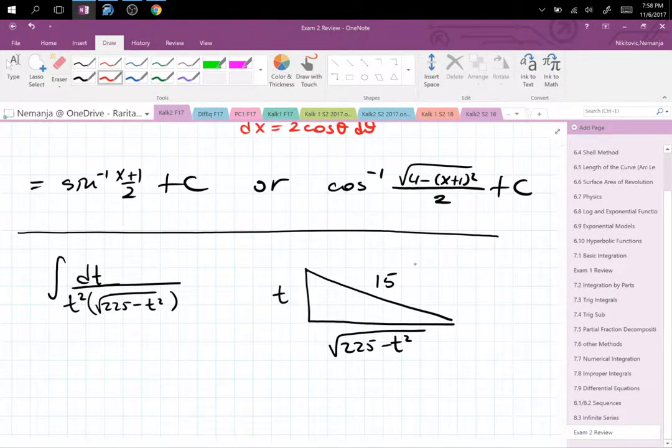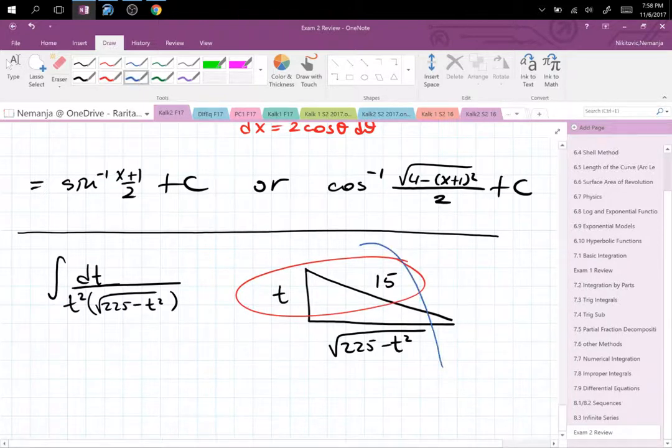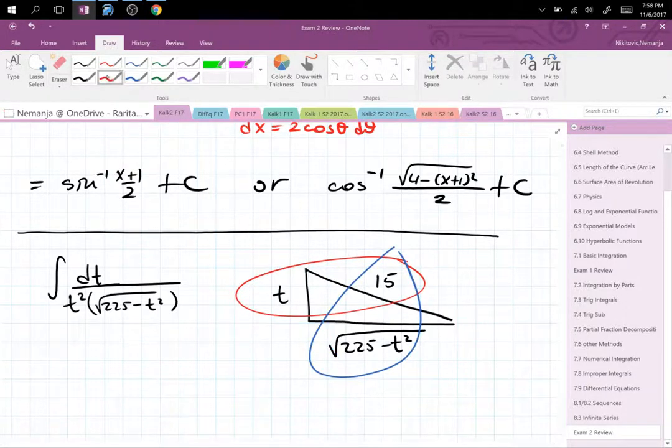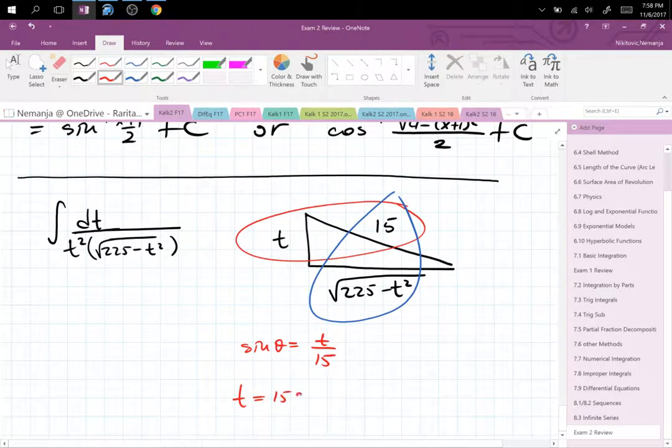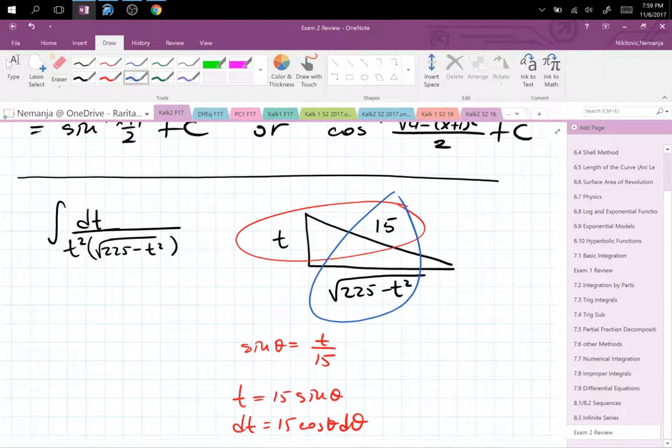So when you set up your red and blue, remember they are circling the number every time. You have your red, which is sine theta, and sine theta is t over 15. So t is 15 sine theta, and dt is 15 cosine theta d theta. Your cosine theta is the square root divided by 15, right? Right.